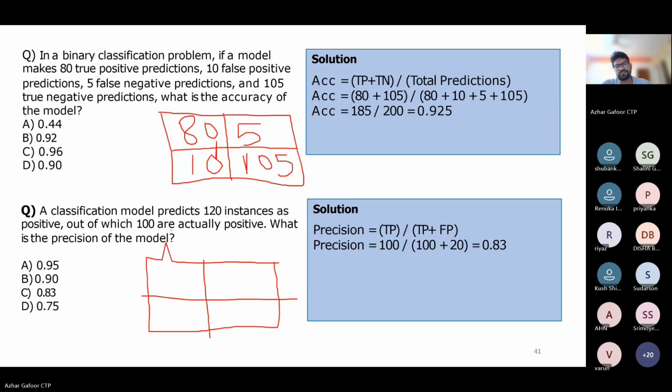Here the total itself is given, so it's easy. The total is 120. So 120 is total predicted positive cases, out of which the true positives is 100, and 20 is false positive.